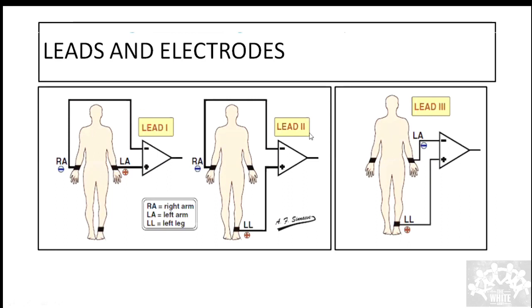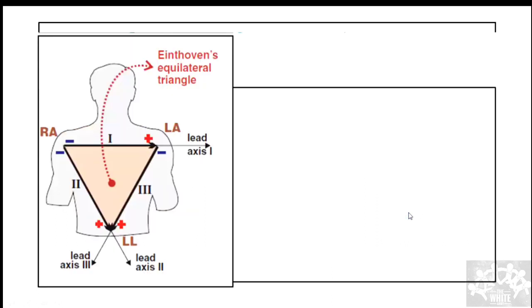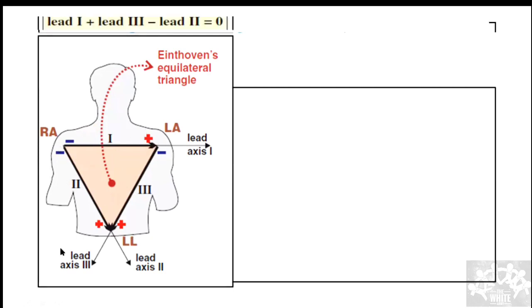Left leg and right arm is lead 2. And left arm and left leg is lead 3. This is part of the formation of what we call Einthoven's triangle. What happened to the right leg? It is the neutral electrode, so it has no deflections.